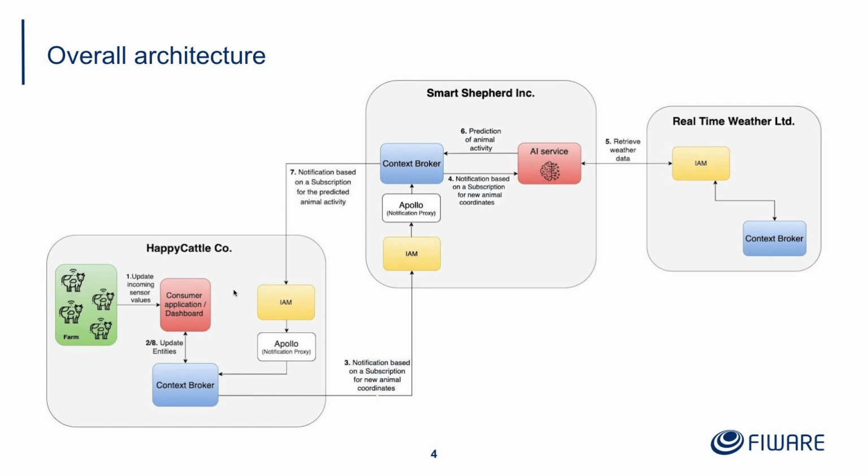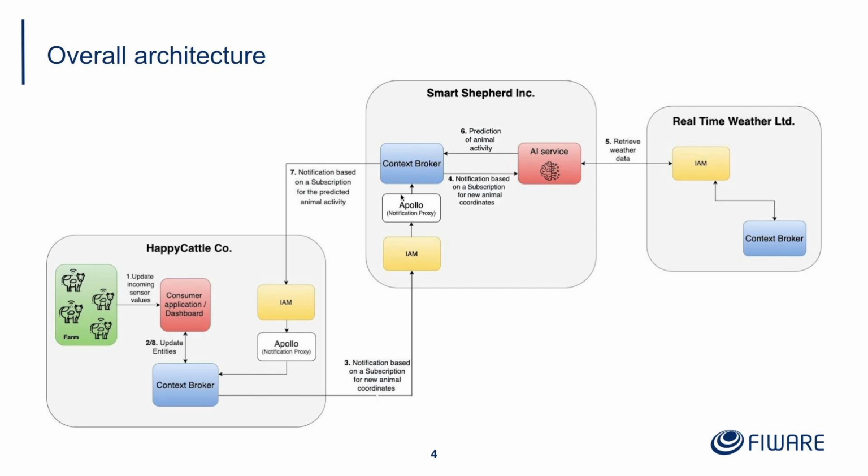So what we want is that Happy Cattle receives this prediction automatically in its context broker. And as you could expect, what we need for that is a third subscription. So Happy Cattle will subscribe to the context broker of Smart Shepherd to get notified whenever a new prediction is calculated.